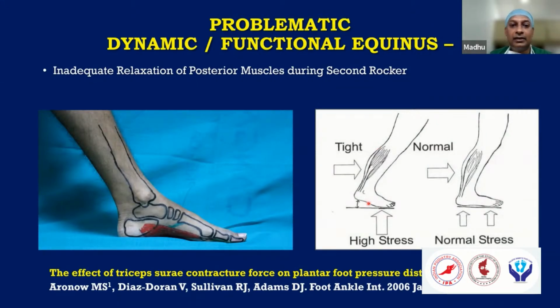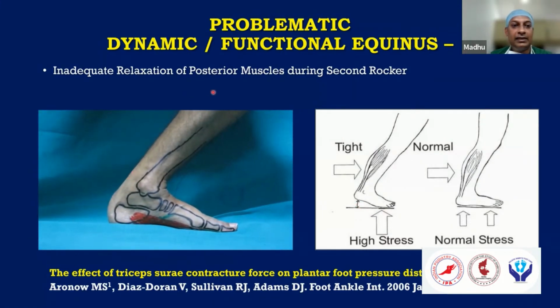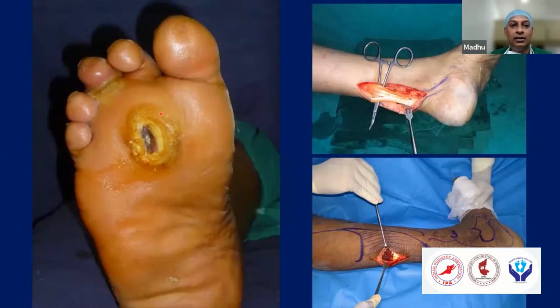An equinus contracture causes a very high stress on the forefoot. So this happens when there is inadequate relaxation of the posterior muscles. So when there is inadequate relaxation of the posterior muscles and the foot moves from plantar flexion to dorsiflexion, there is a tightness. It causes a very high pressure on the forefoot, resulting in forefoot ulcers.